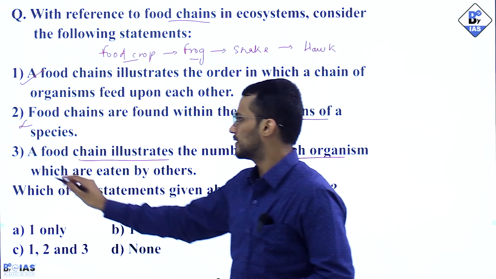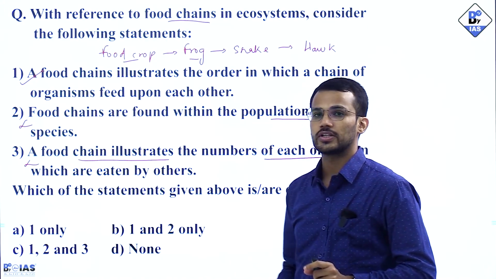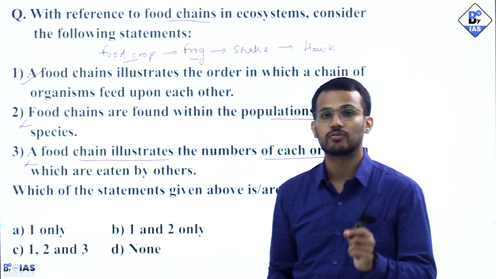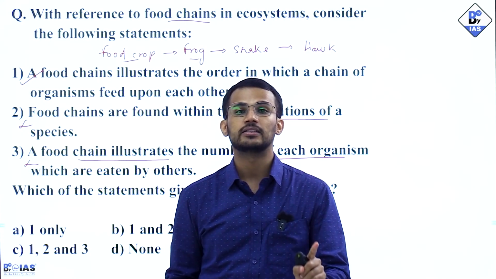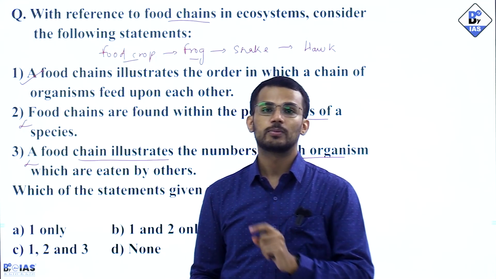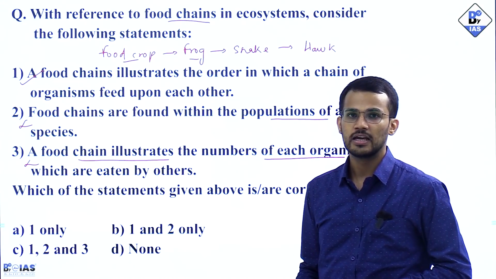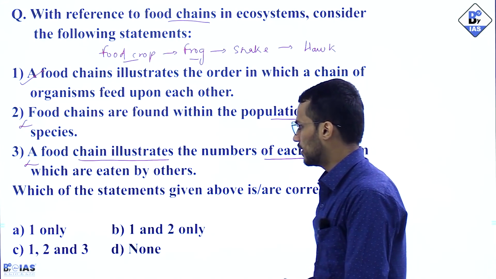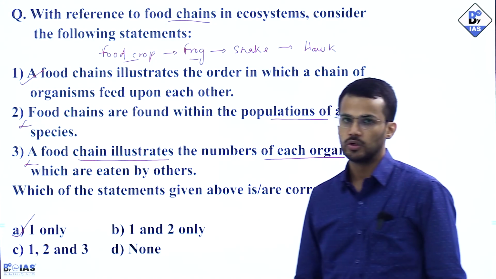And that's why the third statement is also incorrect. This kind of illustration is given by the pyramid of numbers. It is not given by the food chain. And hence even the third statement is incorrect. Right? So the correct answer for this question is A, 1 only.